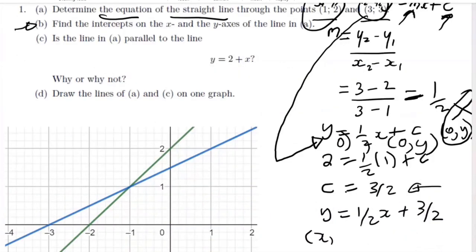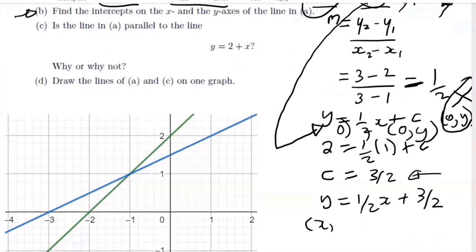You enter your x to be equal to 0. For your x-intercept, you enter your y to be 0. You let this one to be 0, and then you find that your y-intercept is 3 over 2, and then your x-intercept, what is your x-intercept here? Your x-intercept is equal to -3, okay?